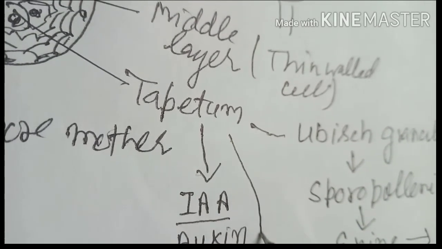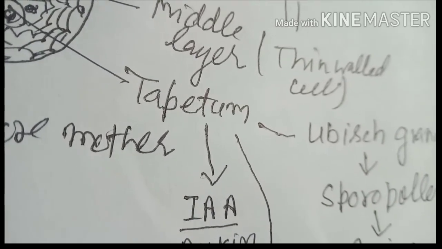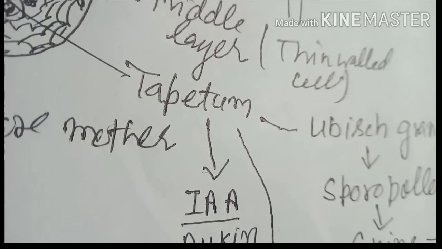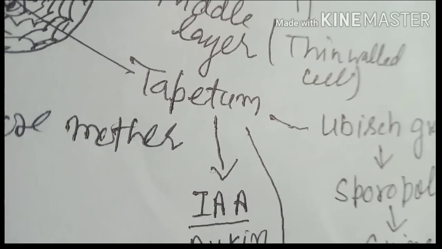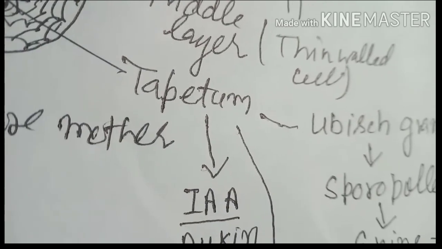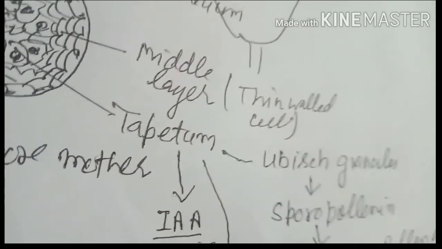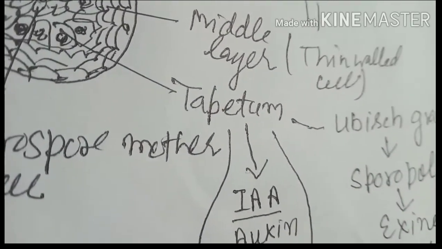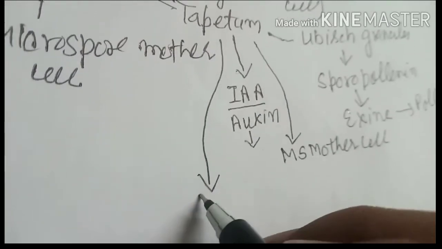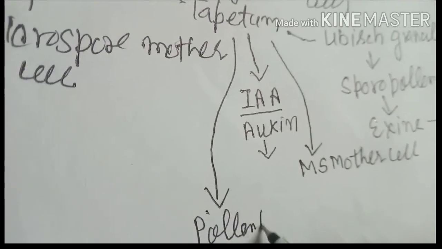This tapetum provides nourishment to the microspore mother cell. It provides a sticky, fatty material known as pollen kit.